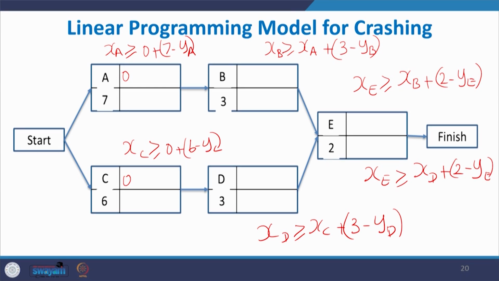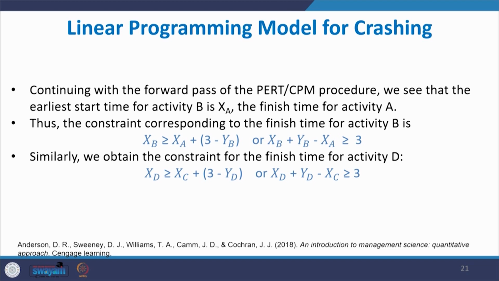Okay. So, now I have written for all the activities the equations which connect the earliest finishing time and how many days the crashing can be done for each activity. Continuing with the forward pass of the PERT CPM procedure, the earliest start time for activity B, XA, is the finishing time for activity A. Thus, the constraint corresponding to the finish time for activity B is XB greater than or equal to XA plus 3 minus YB.